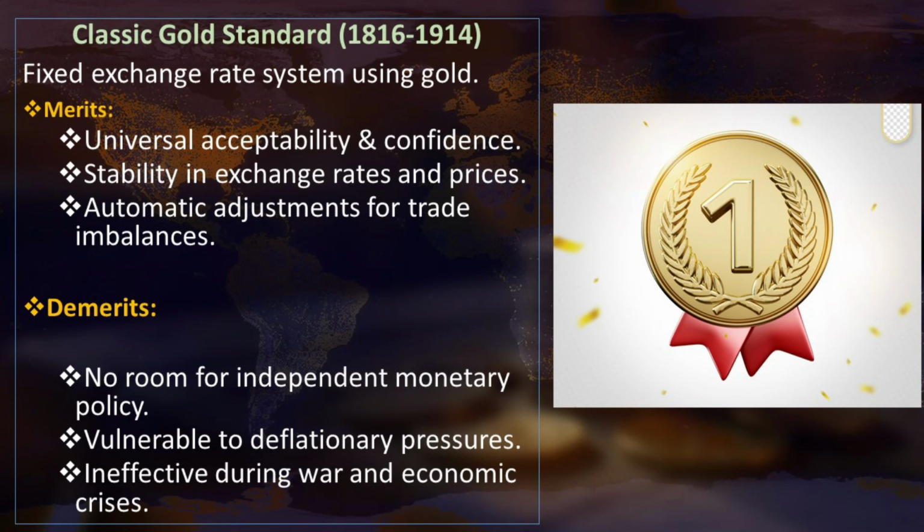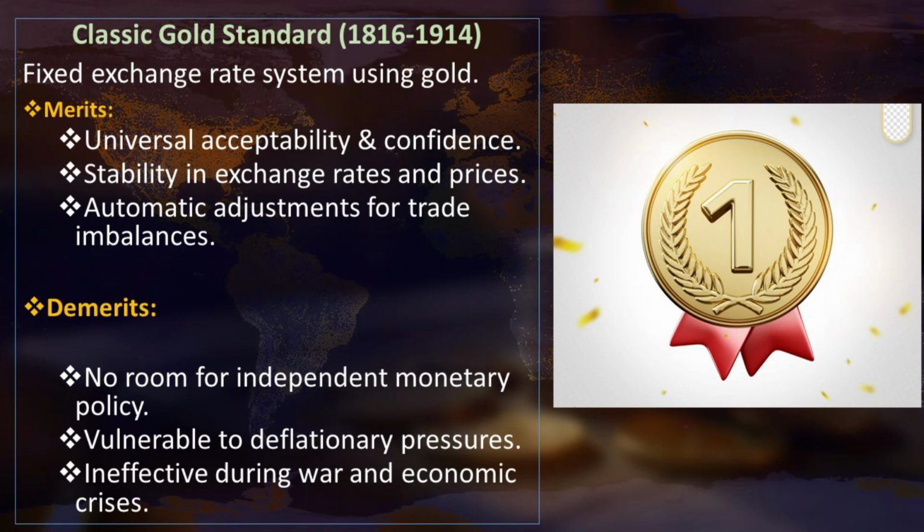Another important demerit of the gold standard is the lack of economic stability, because it prioritized exchange rate stability over internal economic stability, which ultimately led to economic instability in the participating countries.